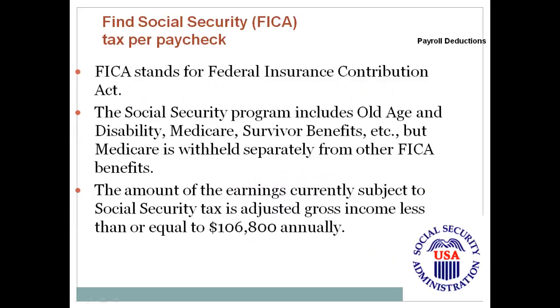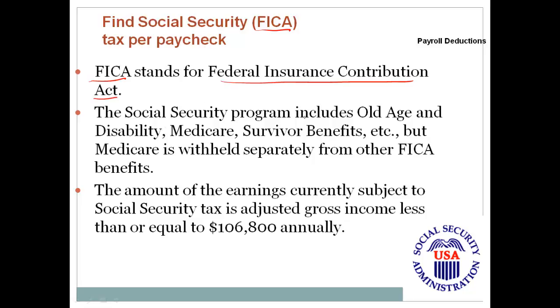Now, if we want to find Social Security, which is called FICA because of the Federal Insurance Contribution Act that sets the Social Security deduction amount, which, since it is an act of Congress, it can change, but we know lately that an act of Congress is not so easy to come by. So it's been 6.2% for a while.